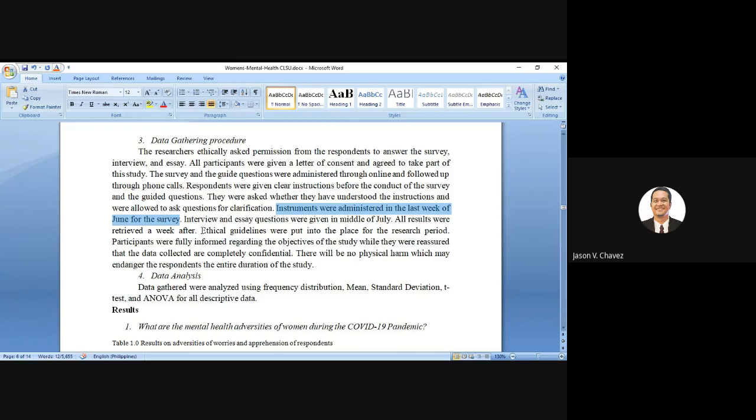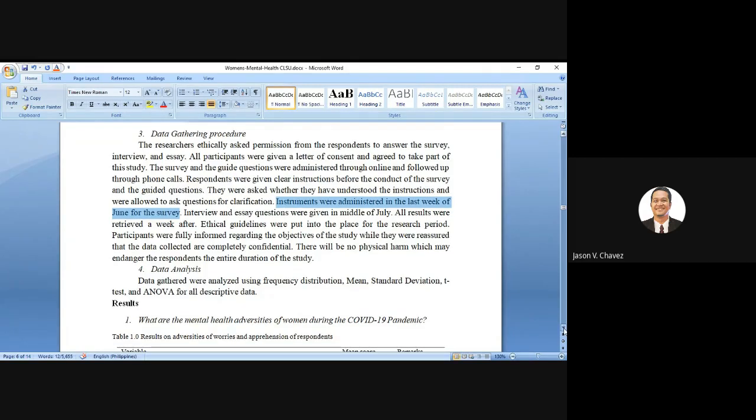In fact, in the survey instrument, for example, when you forward a Google form or tell them to answer a Google form, the instruction should be there, the objective should be there, and etc. You're not going to be getting information from private individuals or from institutions without telling them what your purpose is. And of course, there will be a statement that there will be no physical harm which may endanger the respondents during the entire duration of the study.